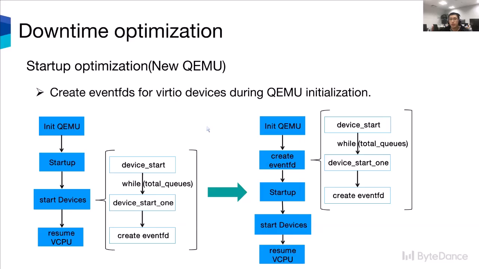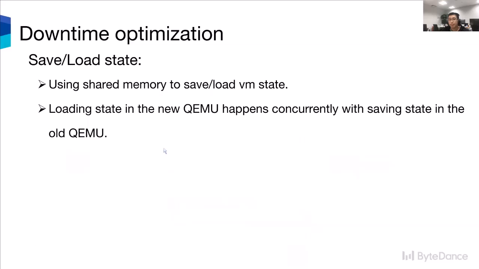We can decrease the startup time in this way. Lastly, we use shared memory to save the old QEMU state, and loading state in the new QEMU happens concurrently with saving state in the old QEMU.